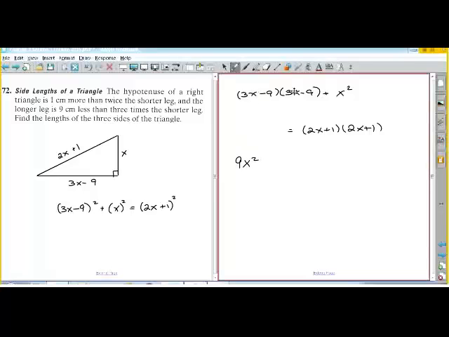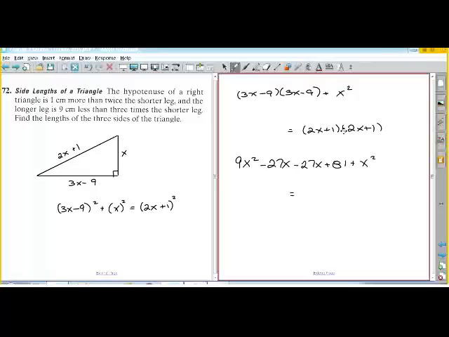So 3x times 3x is 9x squared. That's the first. Inner is negative 9 times 3x, which is negative 27x. The outer is negative 27x. And the last is positive 81, negative 9 times negative 9.